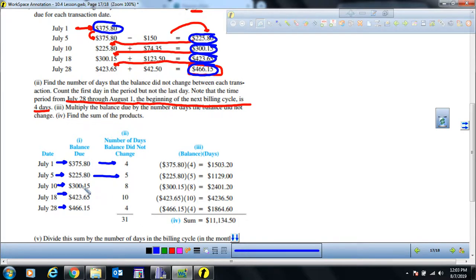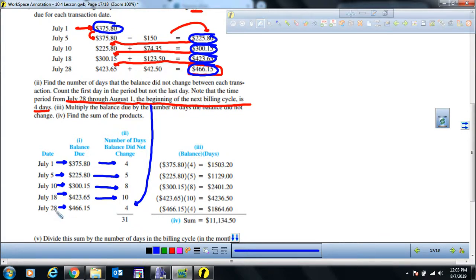So 5 minus 1 is 4, 10 minus 5 is 5, 18 minus 10 is 8 days, 28 minus 18 is 10 days, and you may ask, what is this 4? Well, that 4 is what I highlighted there in red.